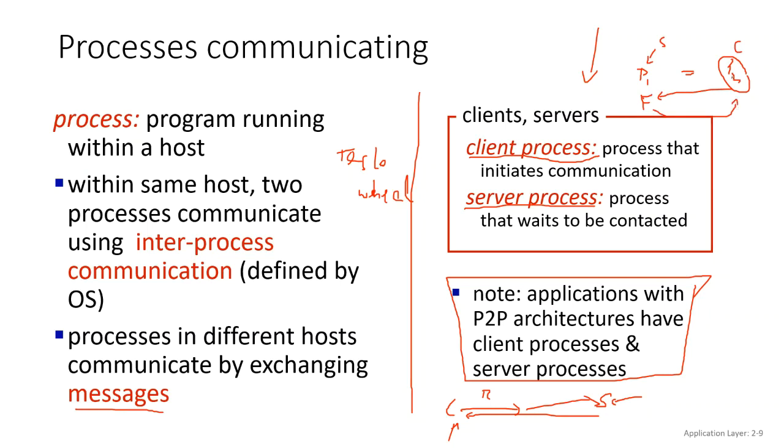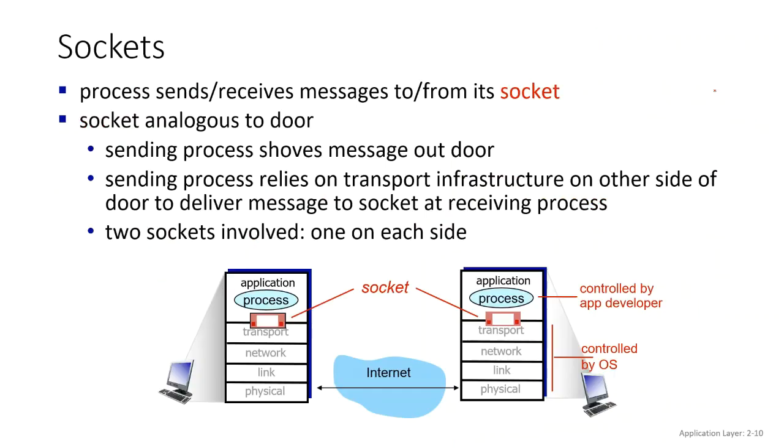If peer two has a file and peer one wants that file, then peer one becomes the client because he wants that file, and peer two becomes the server. The only thing you need to know is that a server is a listening application that waits for requests from the client. A client is an application that is making a connection or a communication with a server.